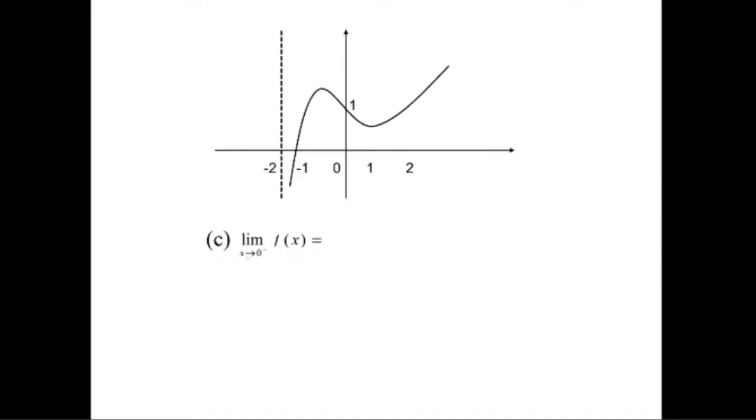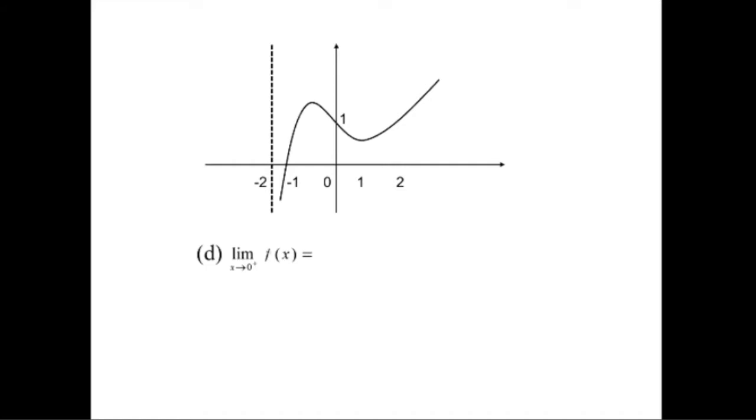What about 0 from the left side? We look at 0 on our x-axis, and then we look at the y value as it approaches 0 from the left side. From the left side of 0, it's approaching the value of y equal to 1.